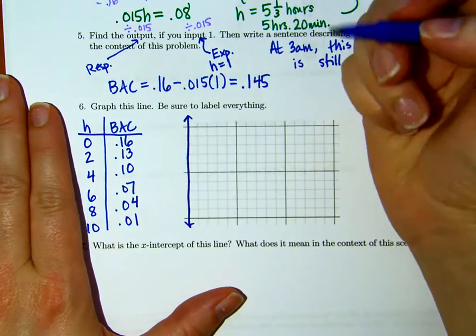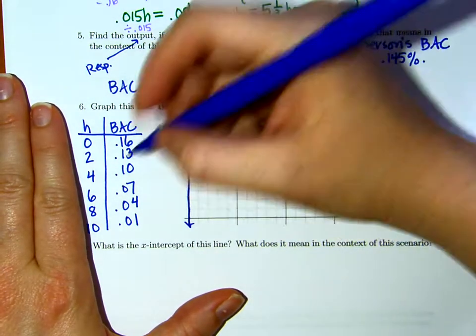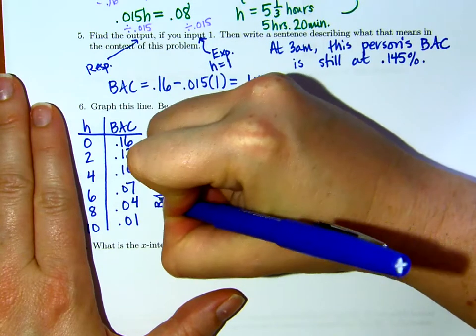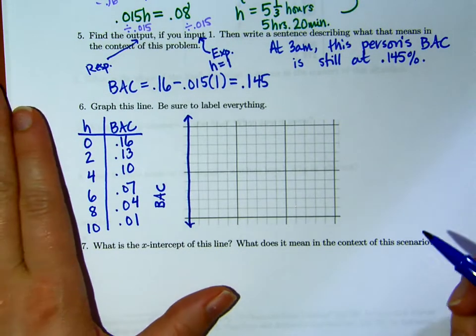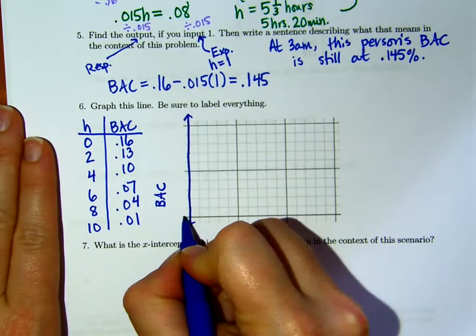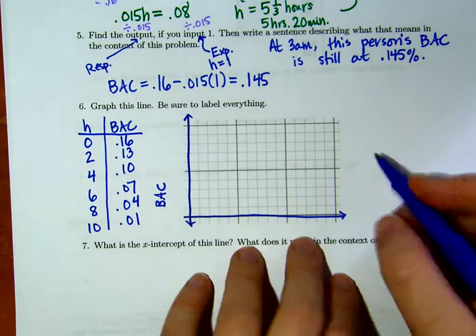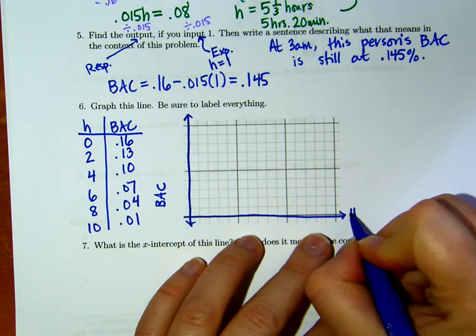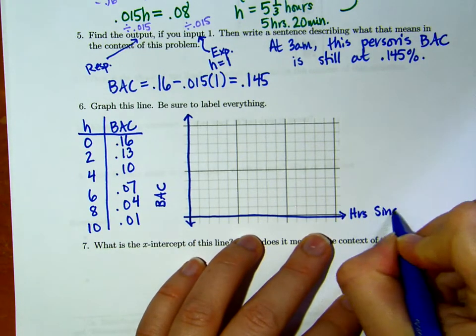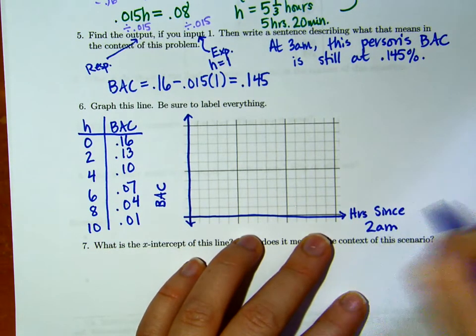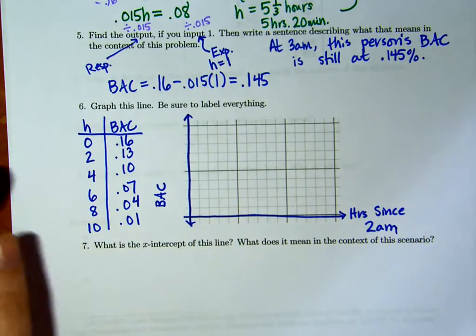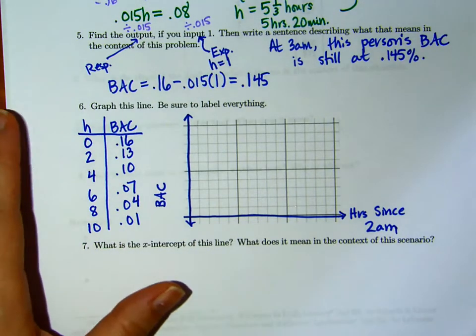On my vertical axis is the responding variable, so that is blood alcohol concentration. And along my horizontal axis is the independent variable, or the explanatory variable, hours since 2 a.m. And now we need to make a scale.